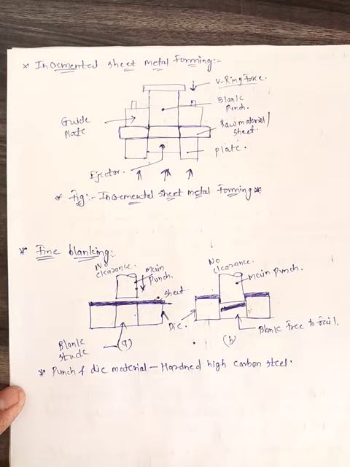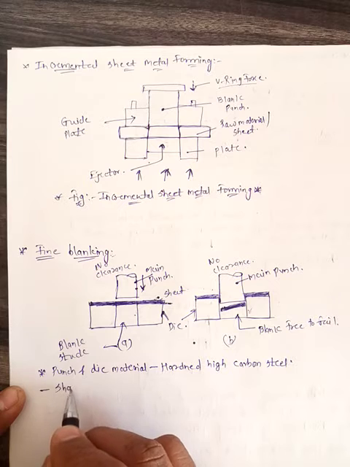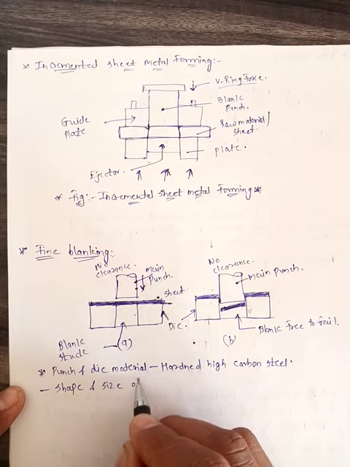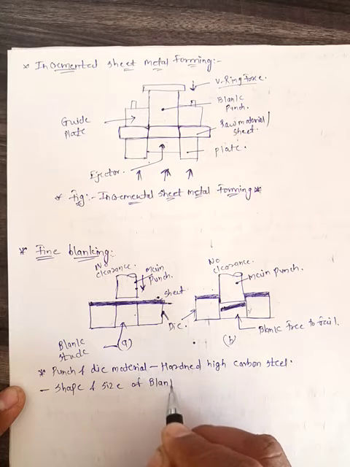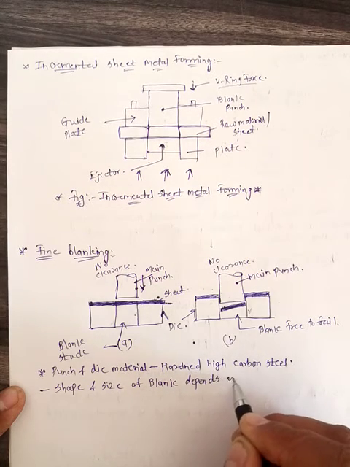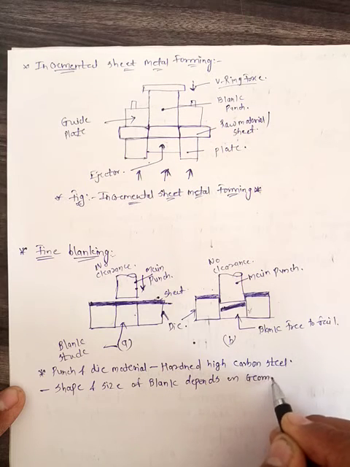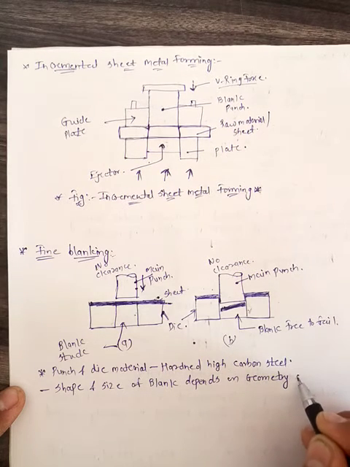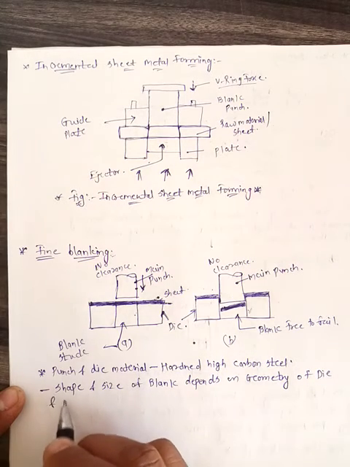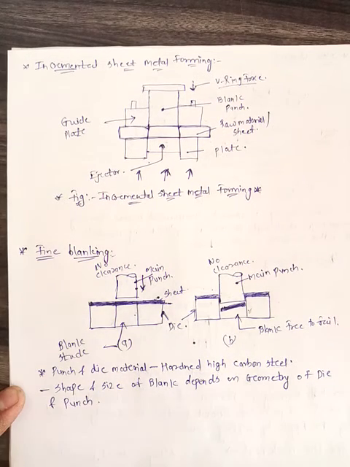The shape and size of the blank depends on the geometry of the die and punch.